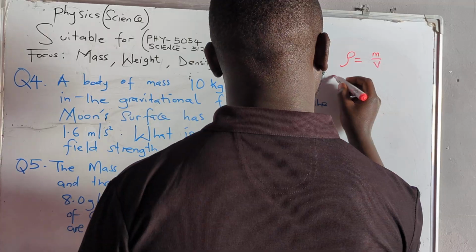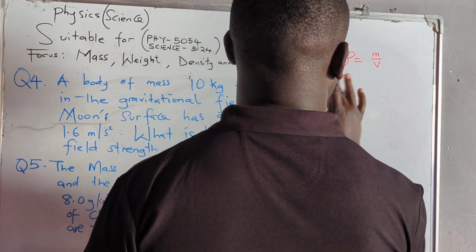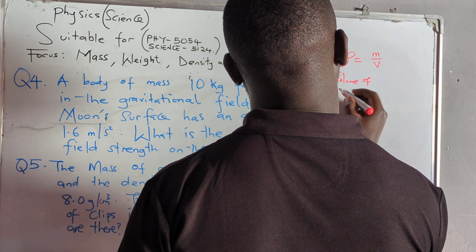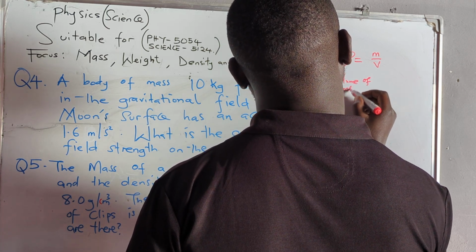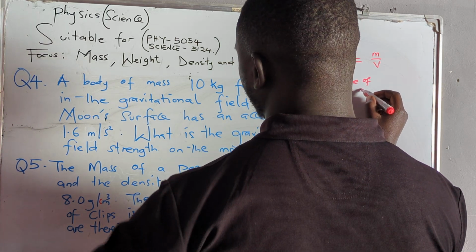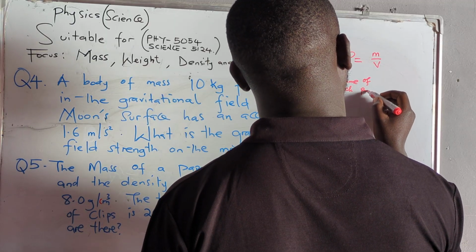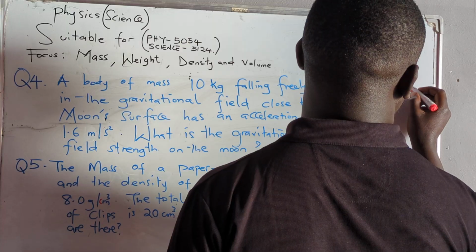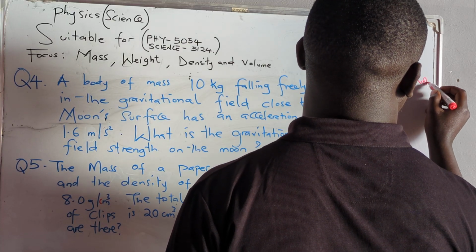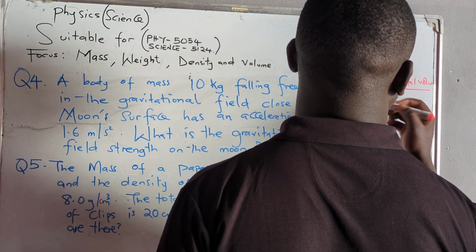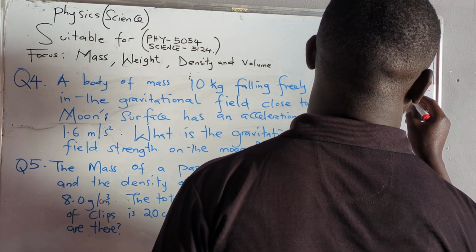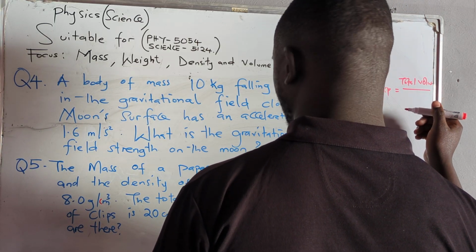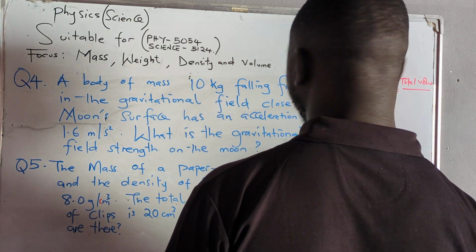So we say volume V of each clip, this is a paper clip, is equal to total volume over density.